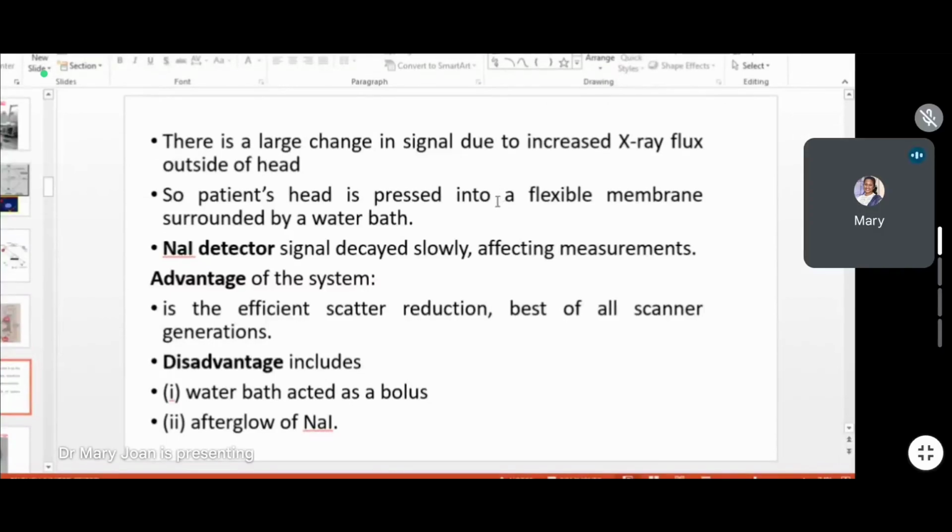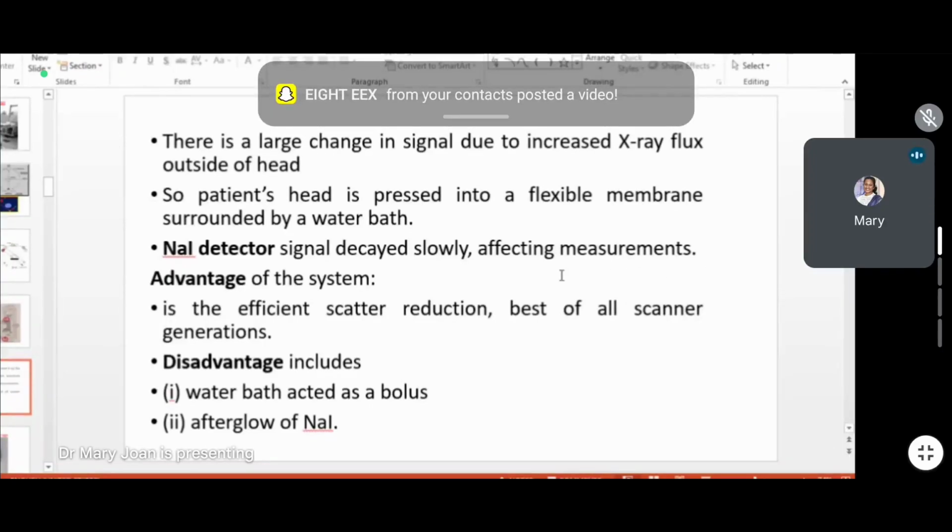So sodium iodide detector signal decayed slowly, affecting measurements. Advantage of the system is efficient scatter reduction, best of all scanner generations in this way. And disadvantages include water bath acted as a bolus and afterglow of sodium iodide.